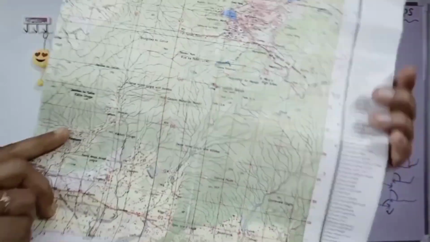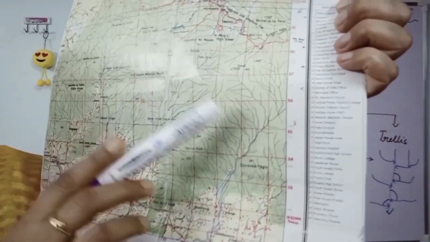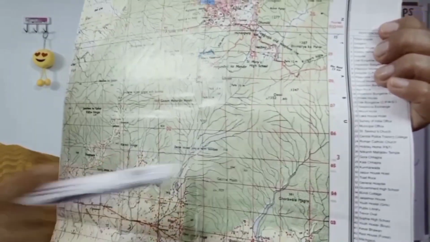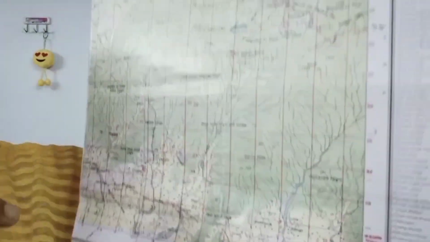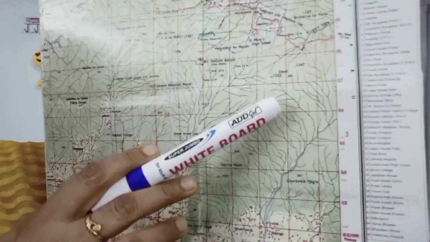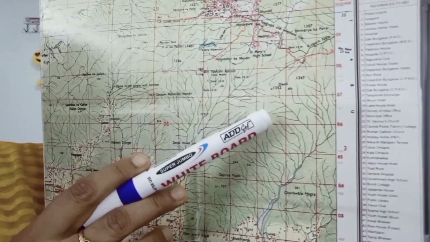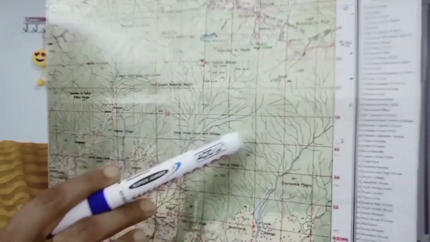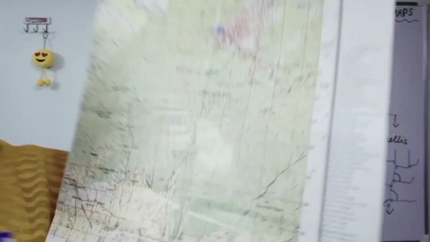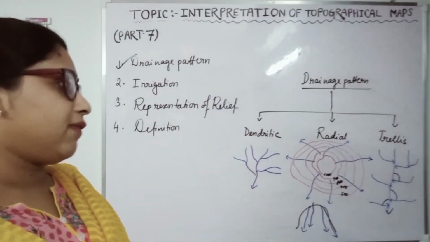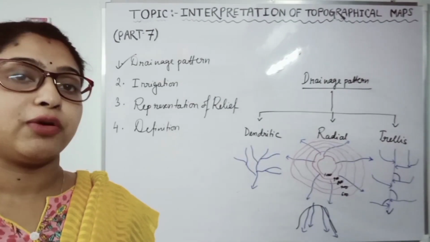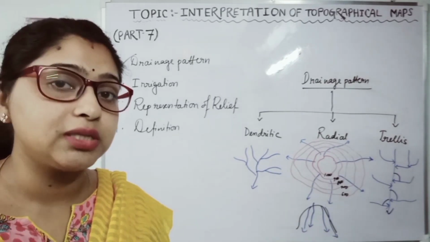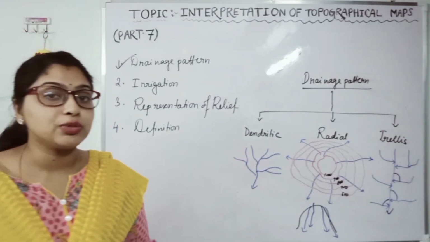How will we know? But the radial pattern always has contours placed close to each other, and here the contour height will be more, and over the highlands the streams are going outward. Even you can see different drainage patterns in different parts of this topo map. Is it clear, students?